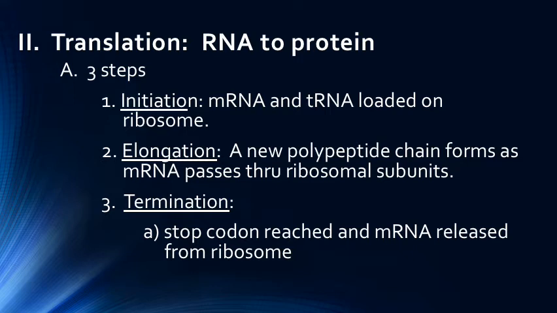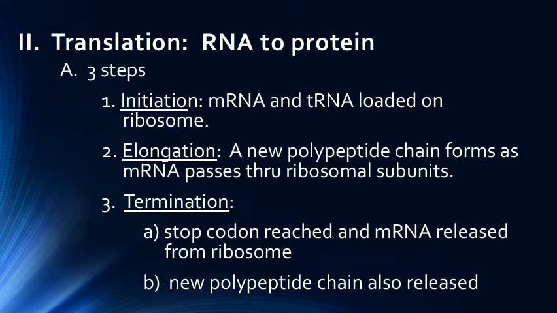I like to picture it as the messenger RNA being a train that's driving through the purple ribosome tunnel. And then finally we have termination. That's where the stop codon is reached and the messenger RNA is released from the ribosome. After the messenger RNA is released, the new polypeptide chain, the string of amino acids, is also released.